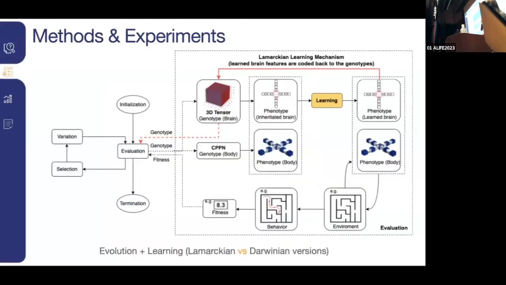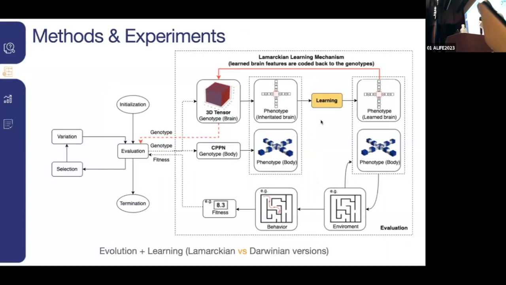To answer these research questions, we set up a general framework to optimize robots via two interacting processes. The outer evolutionary loop evolves robot bodies, morphologies, and controllers, the brain, simultaneously.